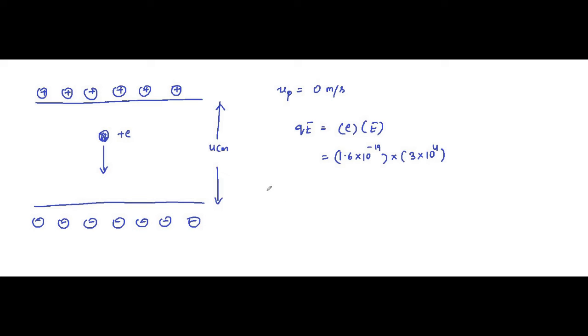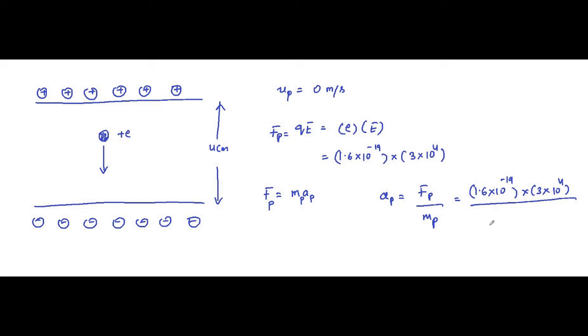Then we know force, that is the force acting on the proton. We know force is equal to mass into acceleration. So force acting on the proton will be equal to mass of the proton multiplied with acceleration of the proton. So acceleration of the proton will be equal to Fp by mp, force acting on the proton divided by mass of proton, which is equal to 1.6 into 10 to the power minus 19 into 3 into 10 to the power 4 divided by mp.